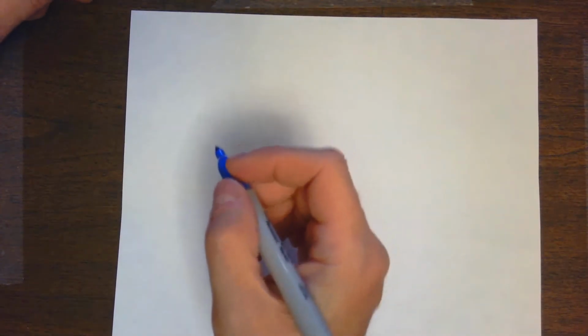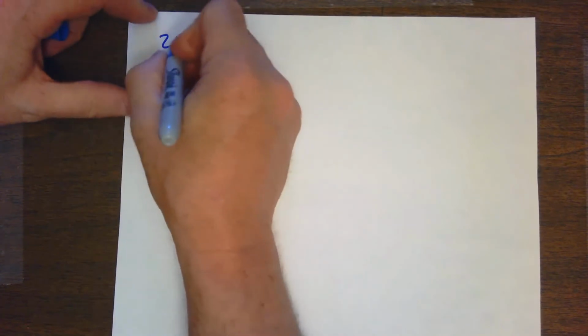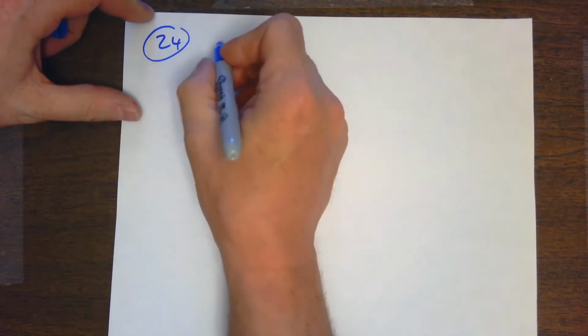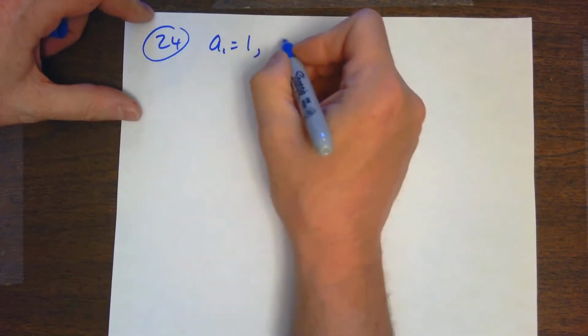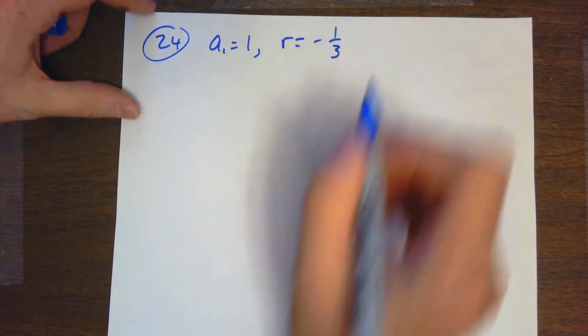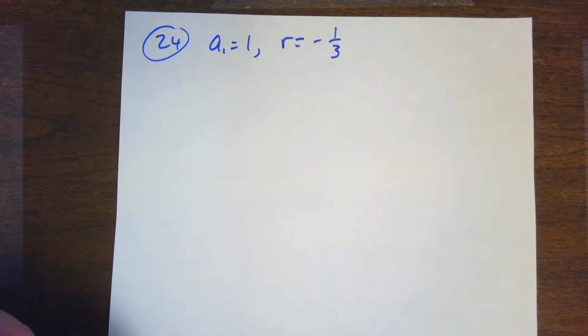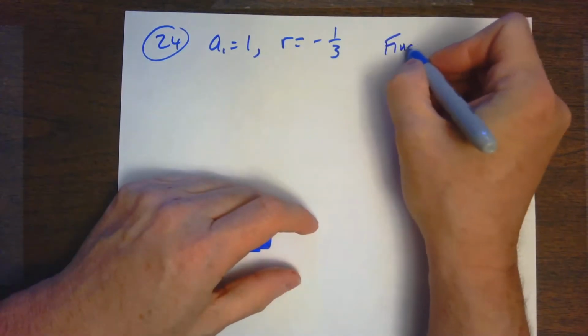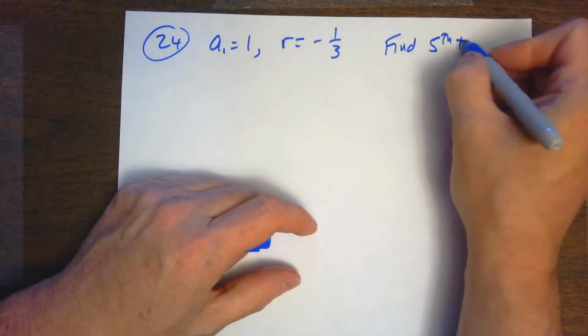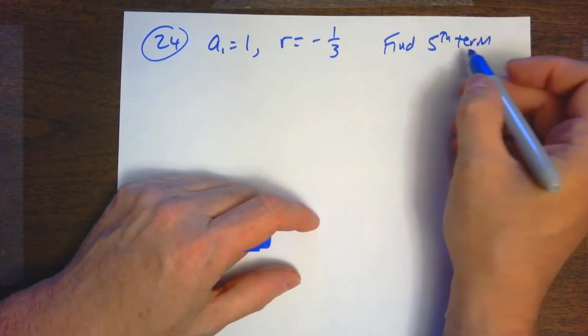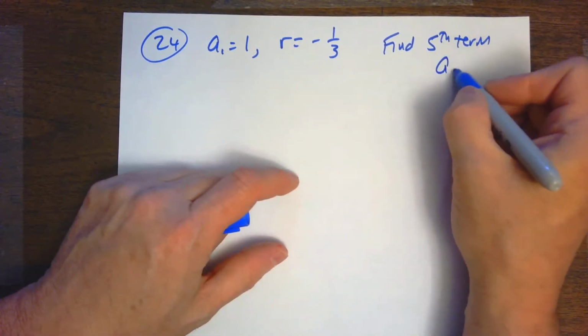Let's take a look at number 24. Now in 24 it says a sub 1 is 1 and r is negative 1/3. And it wants us to find a formula for this and then find the 5th term. Fifth term, I could also write that as a sub 5, right?